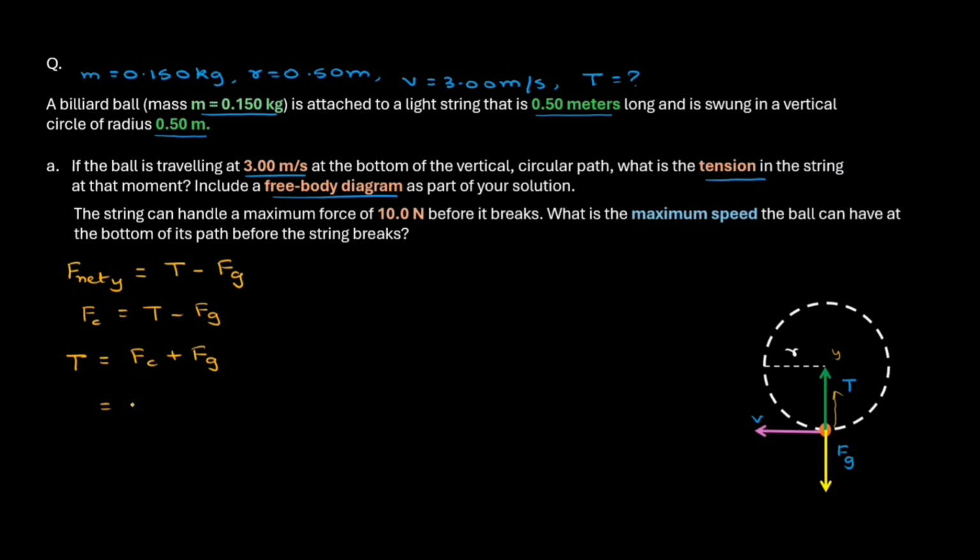Centripetal force is given as m v squared over r, and Fg is m times g. So let's substitute their values to calculate the tension T. Mass m, we can take out as common. So we write this as m times v squared over r plus g. m is 0.15, v is 3 squared, r is 0.5, and g is 9.81.